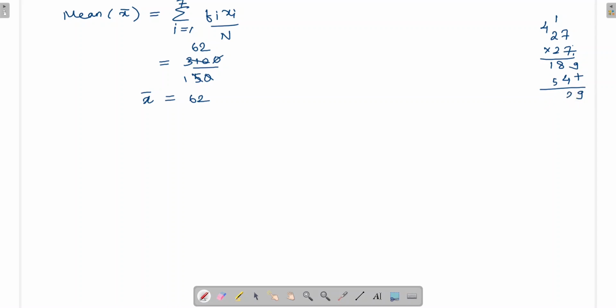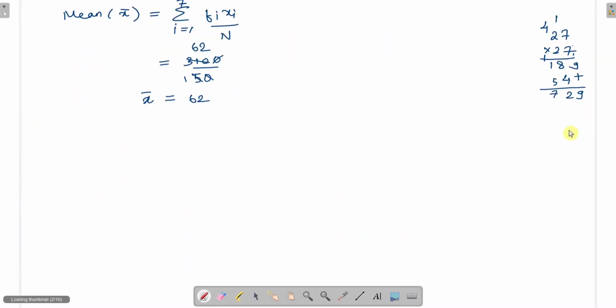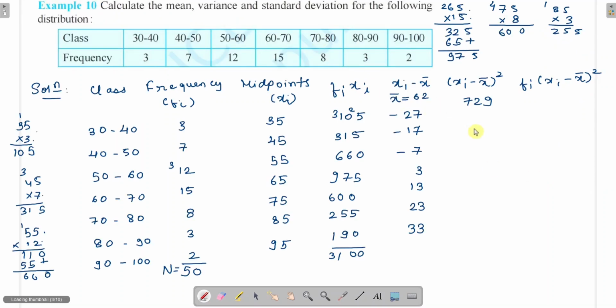So 729. Then 17 square. So 7 times 7 is 49. 7 times 1 is 7 plus 4 is 11. 1 times 7 is 7. 1 times 1 is 1. So 289.